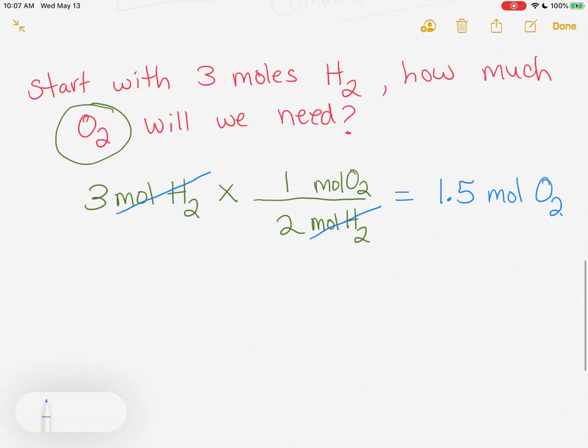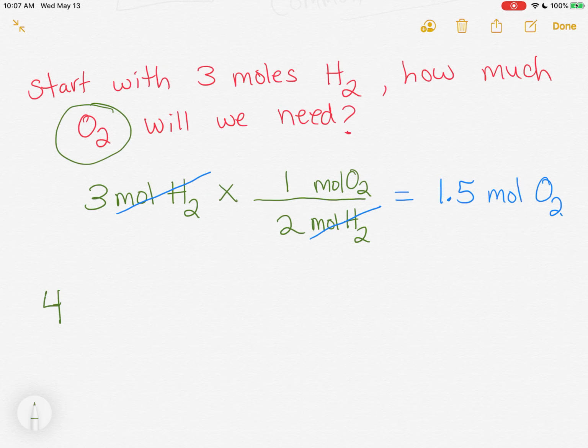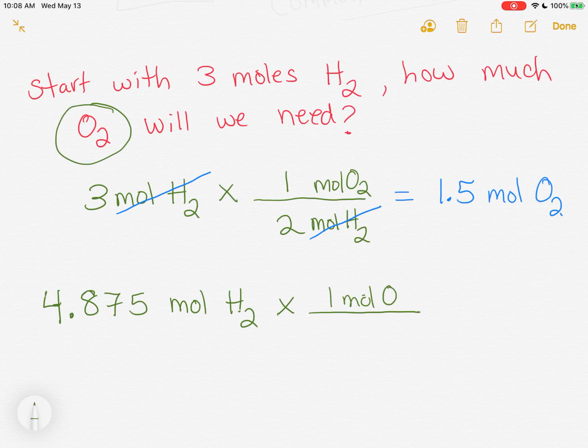Okay, but the reason we need to be able to use this conversion factor is because what if instead we started with 4.875 moles of hydrogen? Okay, and so that one's a little bit harder to visualize in our head, and so we want to be able to use conversion factors.